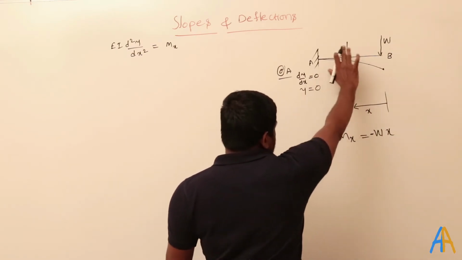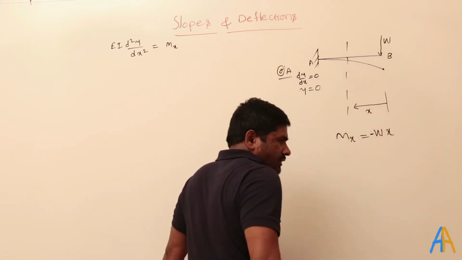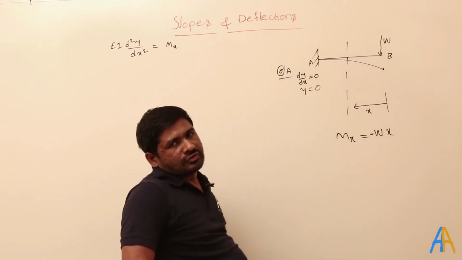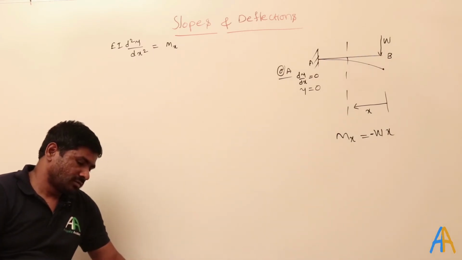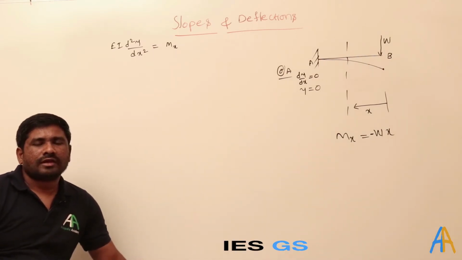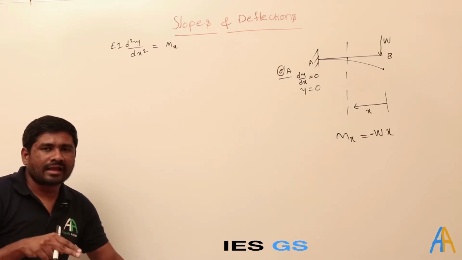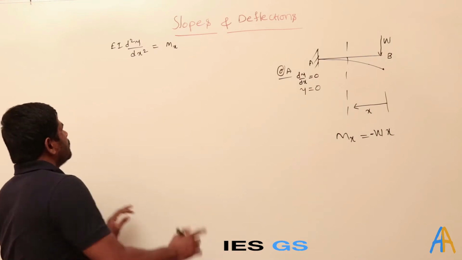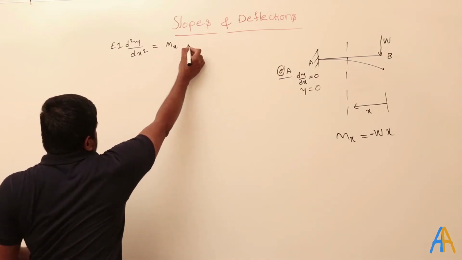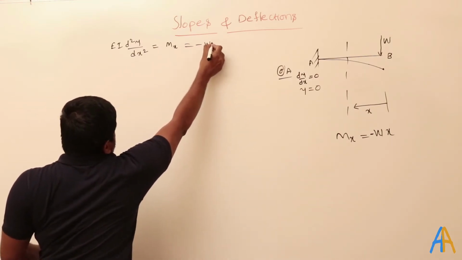Why? The moment here is producing the convex shape, sorry, what we call that? There are two terms, hogging and sagging. Here it is producing hogging, so minus value. If I substitute that value here, that is minus Wx.